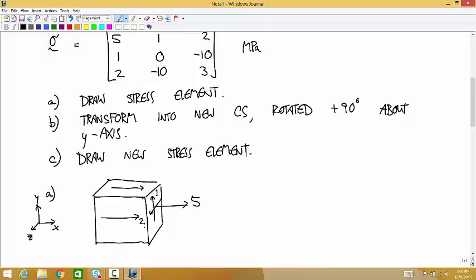And then 0 for y, yz is negative 10 in this direction, and that one has to match. And then z is positive 3. Okay. So there's the stress element.